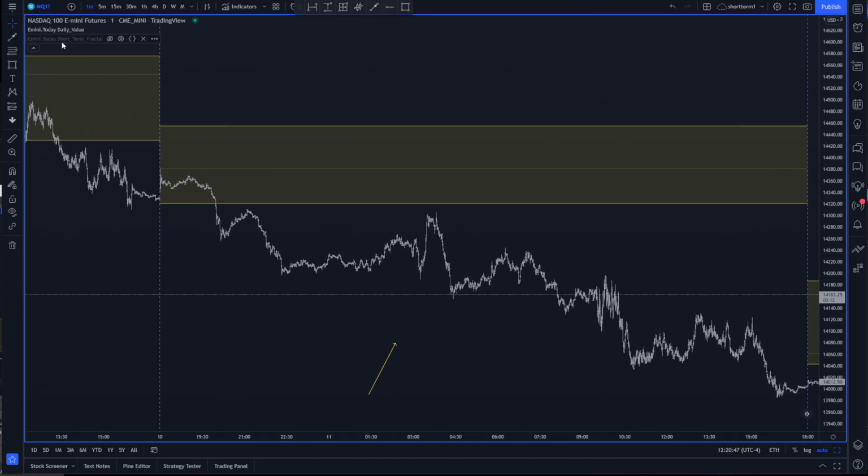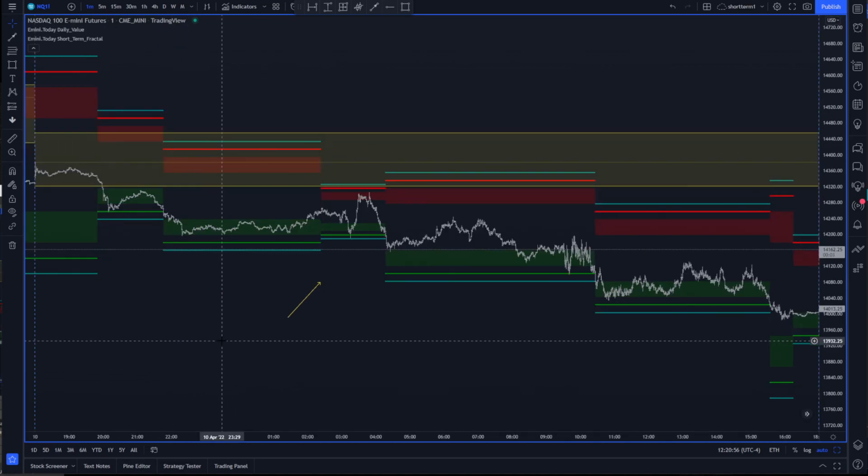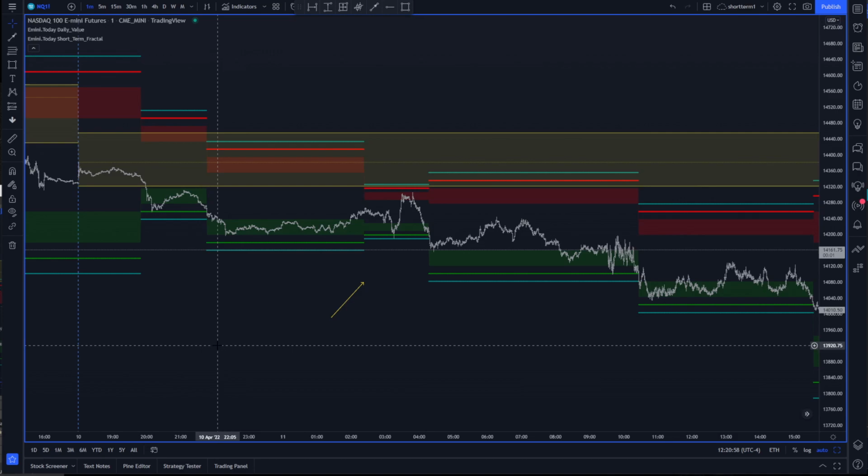So let's turn on the fractal and see how it played out. So the things that you want to see if you're trading against the previous day's trend. The first thing is you want to trade outside of this value area.